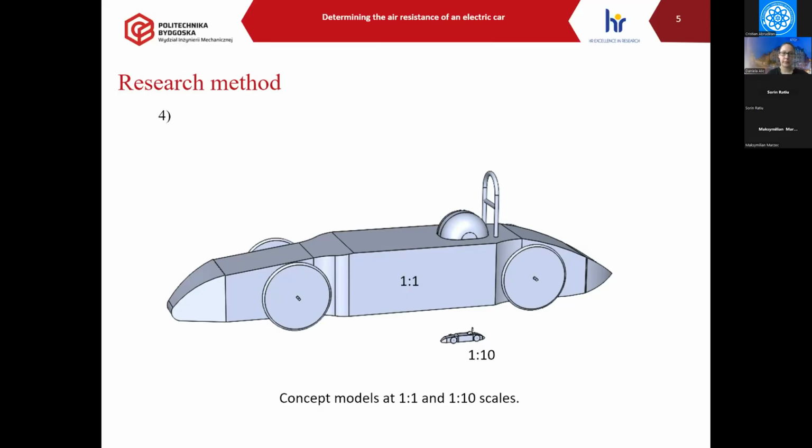Numerical analyses were performed in SolidWorks software using the Flow Simulation add-on. First, the computational domain of the aerodynamic tunnel was designed, and then a series of analyses were carried out for assumed values of Reynolds number.